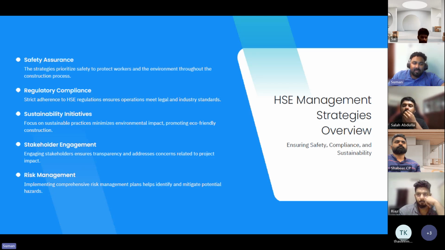Risk management: implementing comprehensive risk management plans helps identify and mitigate potential hazards, and I think we talked about that.